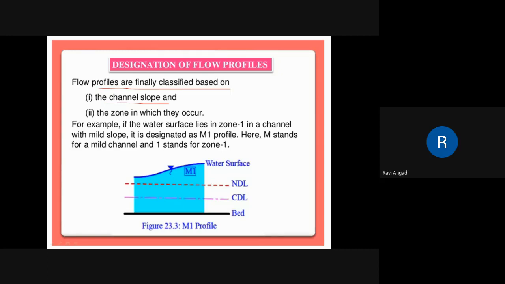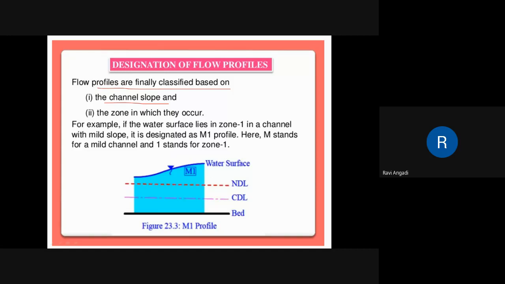And the zone in which they occur, zone 1, zone 2, zone 3, they are to be designated. How the profile is designated is very important, based on the slope of the channel and the zone in which the water surface profile is lying.